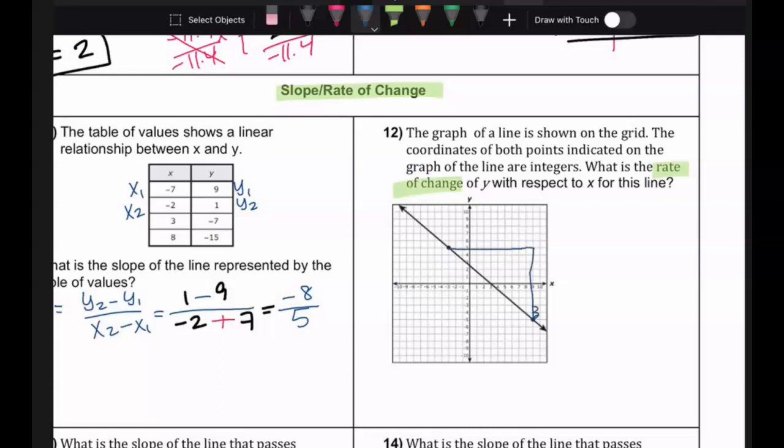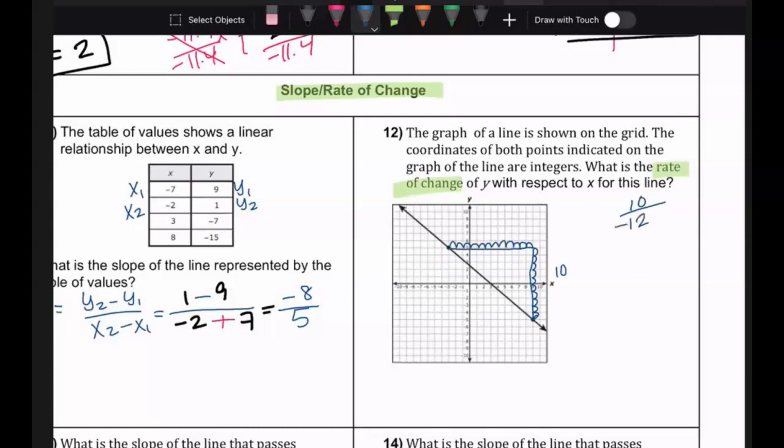So I go up 1, 2, 3, 4, 5, 6, 7, 8, 9, 10. So up 10. And to the left, 1, 2, 3, 4, 5, 6, 7, 8, 9, 10, 11, 12.